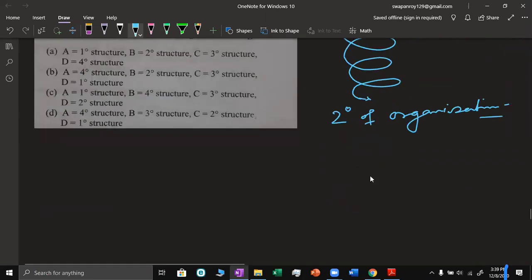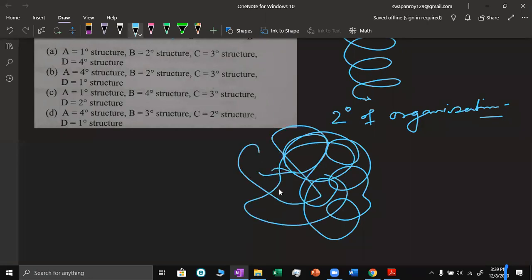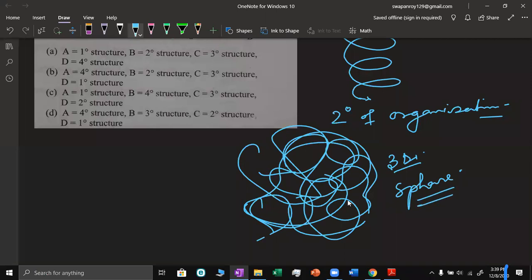In the third level, the molecule folds in such a way that it forms a three-dimensional structure, like a hollow sphere.